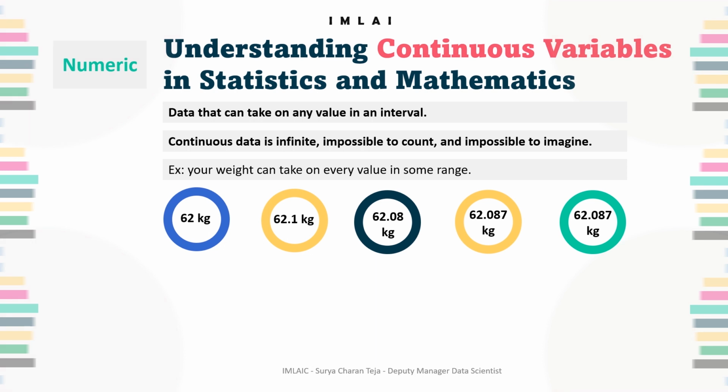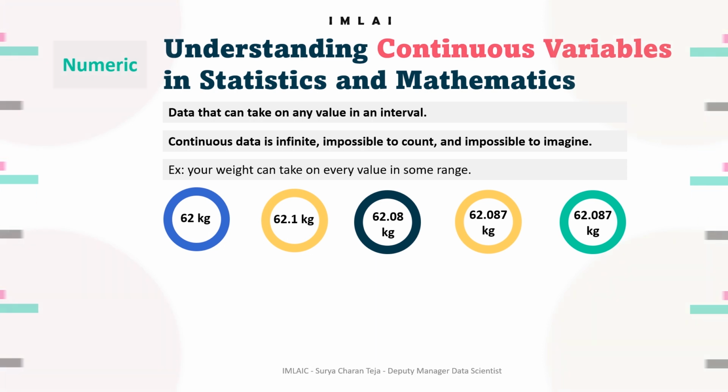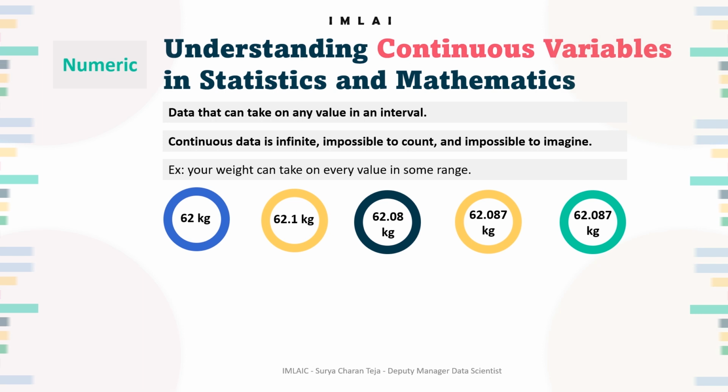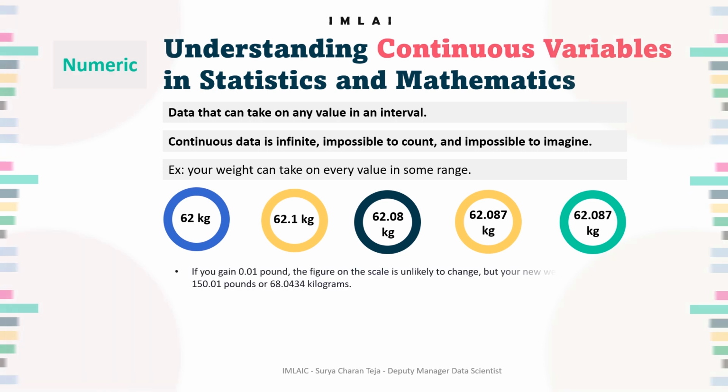Okay, so every minute addition can increase a value. So what this conveys to us is, if you are able to use any value in a particular interval, that means it's a continuous variable. That's it, simplest way.